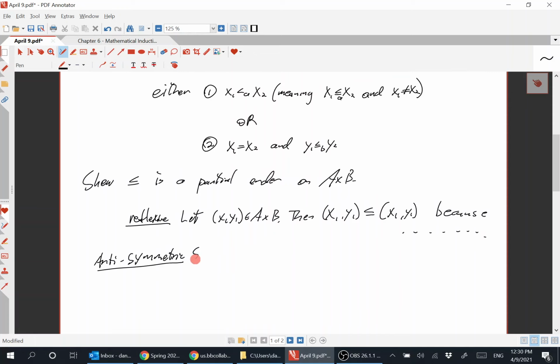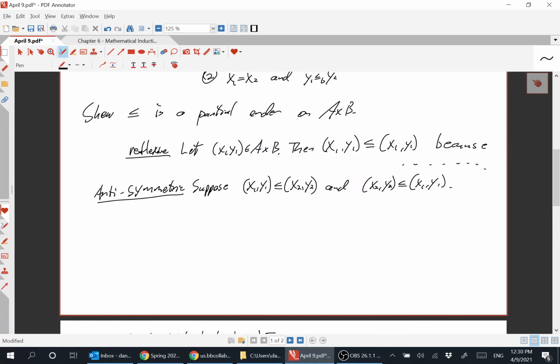Antisymmetric. Okay, suppose that x1, y1 is less than or equal to x2, y2, and x2, y2 is less than or equal to x1, y1. So now you want to show that x1, y1 is equal to x2, y2. All right, well, this means what? So by definition, x1, y1 less than or equal to x2, y2 means what?